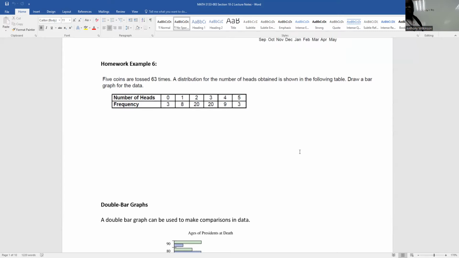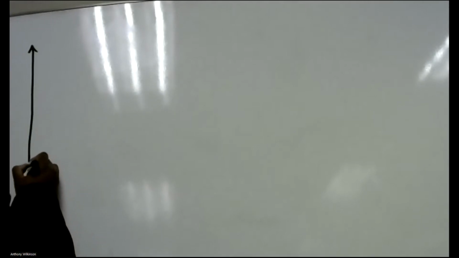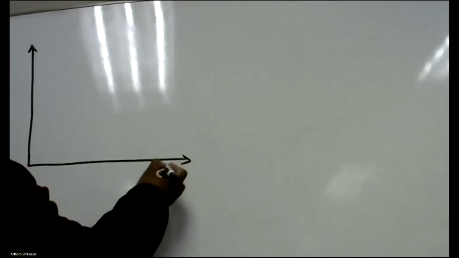The top row is the number of heads from 0 to 5, and the frequency for each one of those is given. So let's start by coming up with a bar graph for this. And of course, we need a vertical and a horizontal axis.